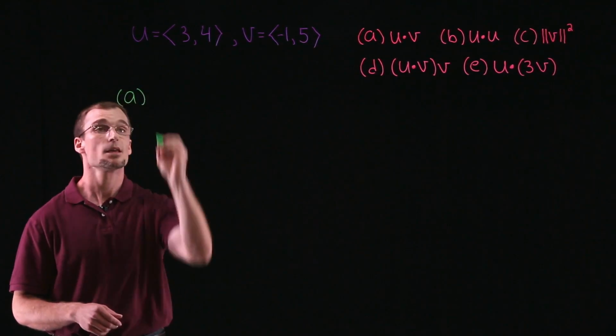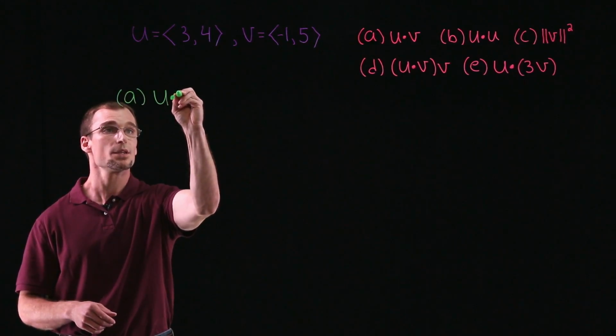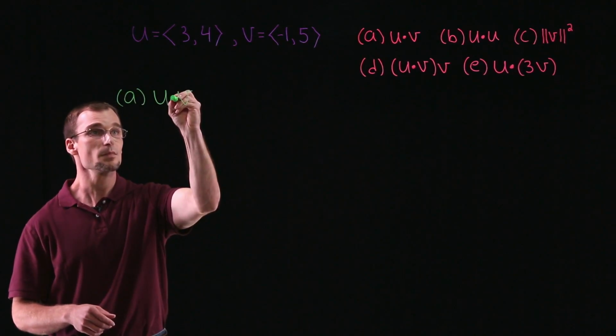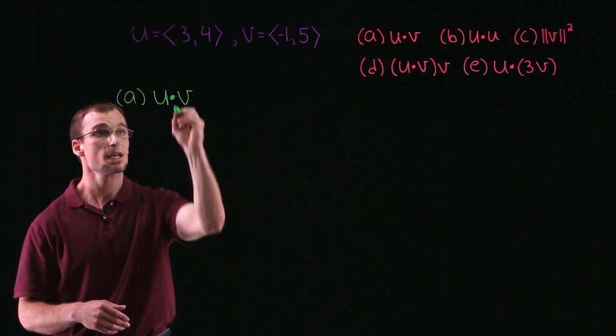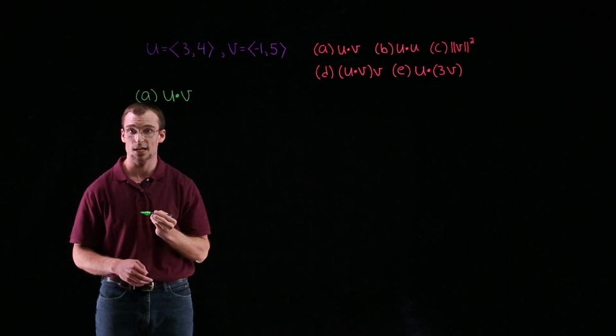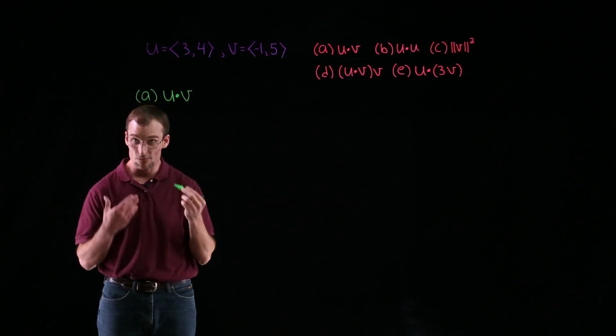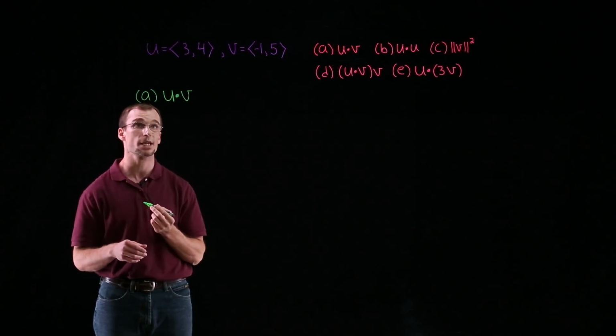So what we want is the dot product between u and v. As a side note, if this is your first introduction to the dot product, you usually want to make your dot a little bigger than a normal multiplication dot, because that indicates a vector multiplication rather than just two numbers or scalars.